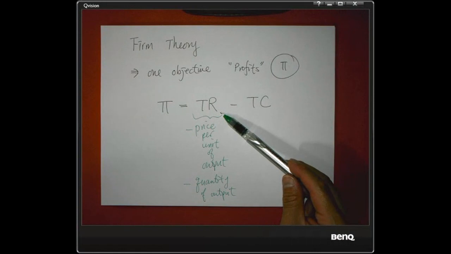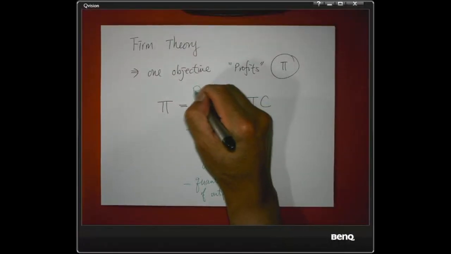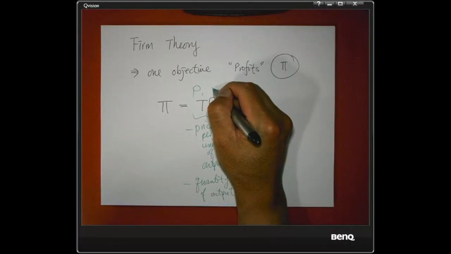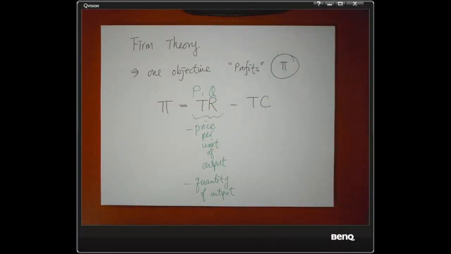And total revenue depends on the price of the output and the quantity of the output sold.